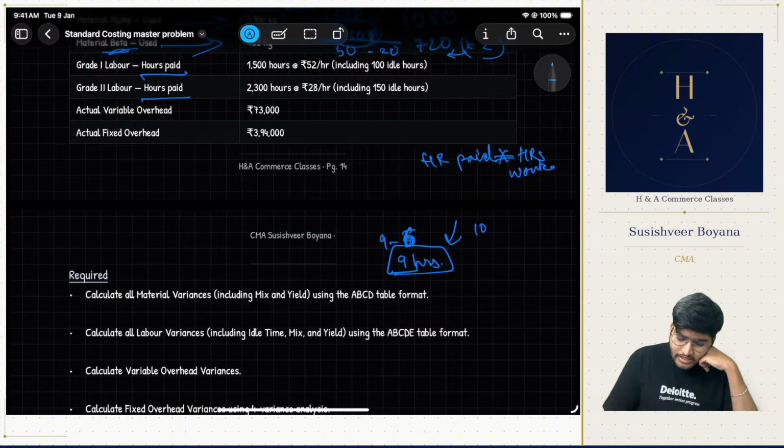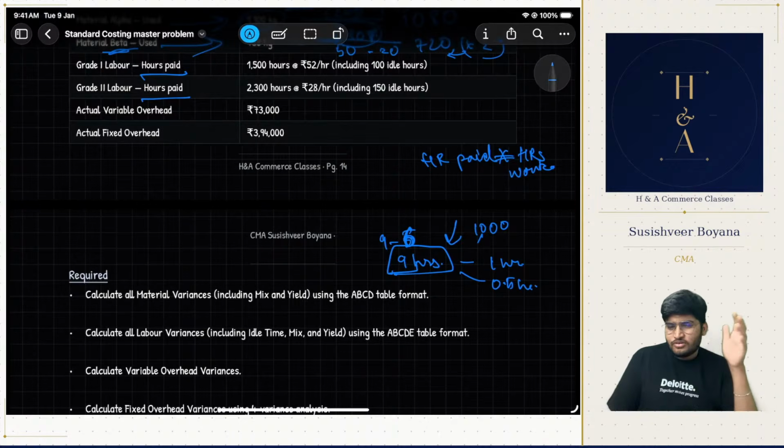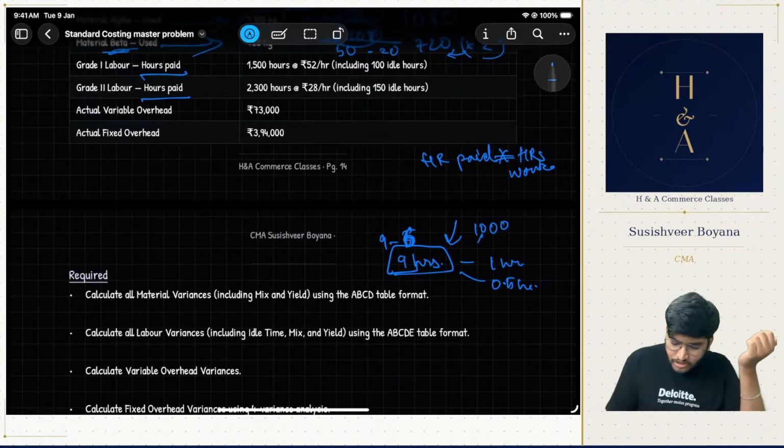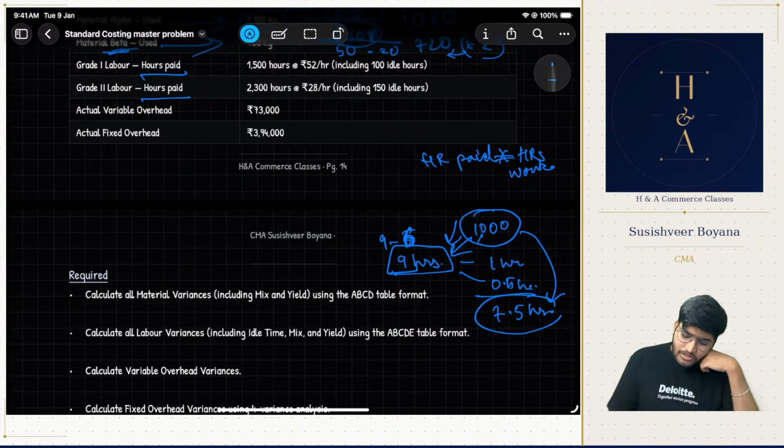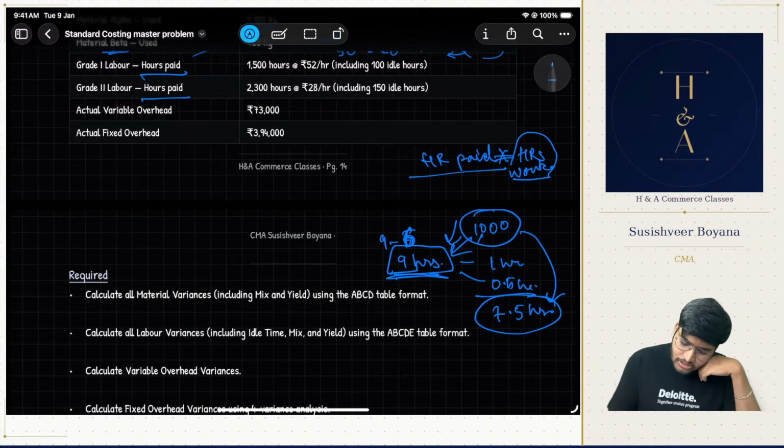Let us say daily, I get 1000 rupees paid. In this 9 hours, do I not have a lunch break of 1 hour maybe? 0.5 hours, that is half an hour for washroom breaks, snacks breaks, tea breaks, having fun with colleagues. My productive hours of working is 7.5 hours, yes or no? That means I'm being paid for 9 hours, but my actual working hours is 7.5. Hours paid 9 is not equal to hours worked.